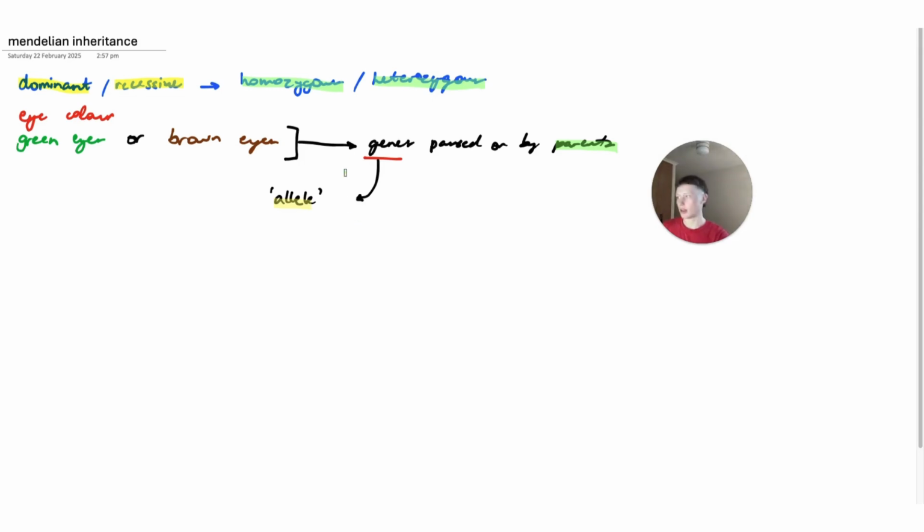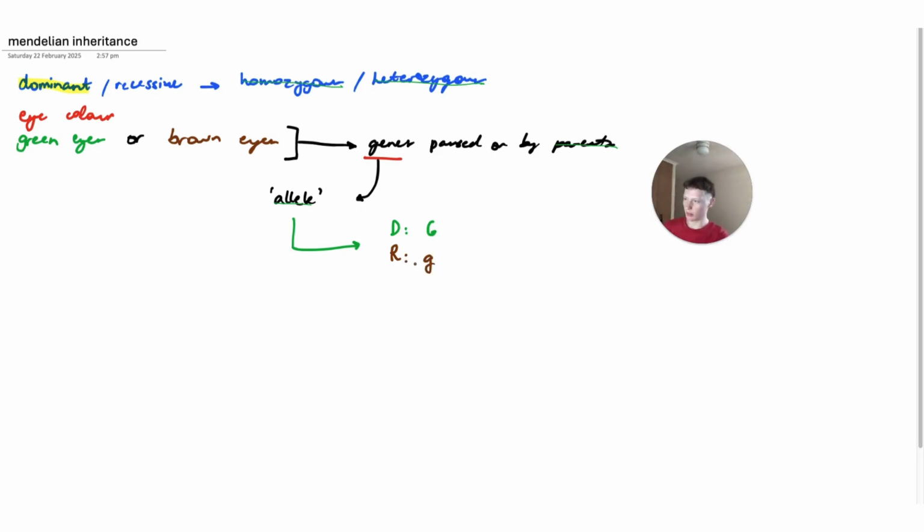Let me give you an example. Remember, for the allele, there's got to be a dominant and a recessive trait. Let's say the dominant trait is green eyes, so we're going to represent that with a capital G. Then we're going to represent brown eyes, which is the recessive trait, as a lowercase g.